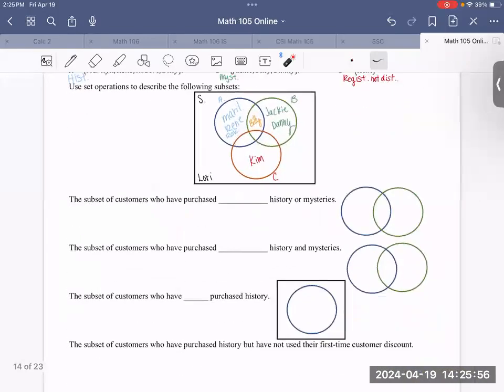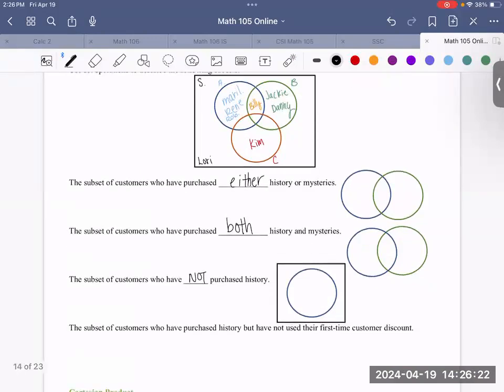So once we have your bigger picture, can we find the set of customers who have purchased either histories or mysteries, those who have purchased both histories and mysteries, and those who have not purchased history?